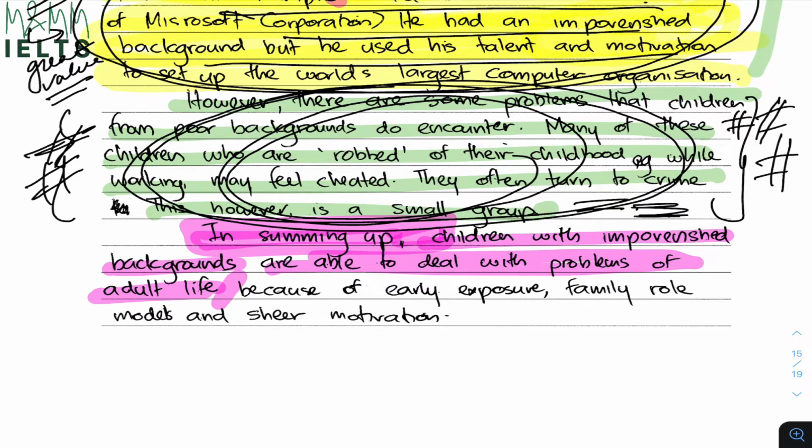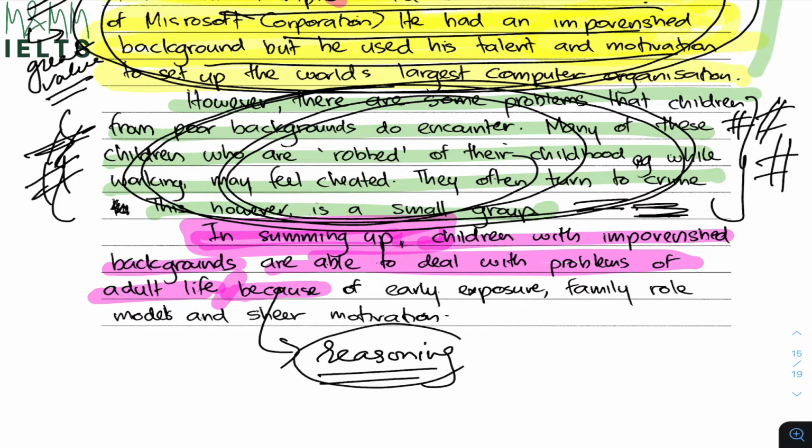So till here, nothing special. Whatever he feels. Why? Because. So you have to give again a quick reasoning. Now reasoning, not in detail, just to the point. Because of early exposure. Now early exposure, I would actually explain here. Early exposure for what?